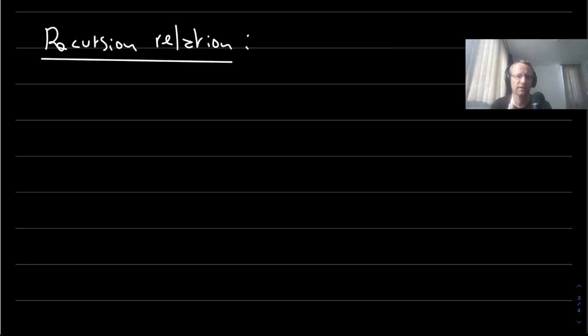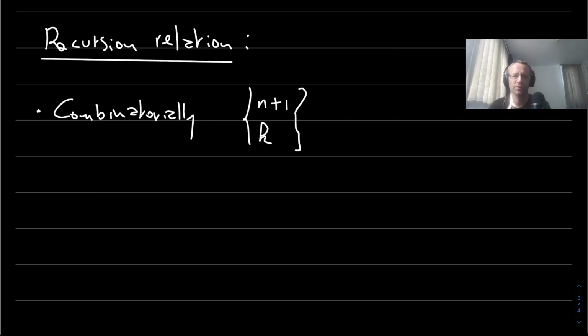So combinatorially, first, what are the partitions into k subsets of a set of n plus 1 elements? Well, I can partition n elements into k minus 1 subsets and then add a singleton.